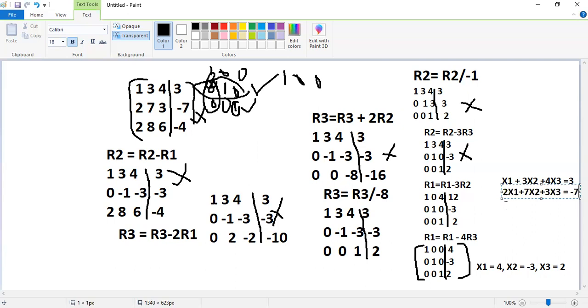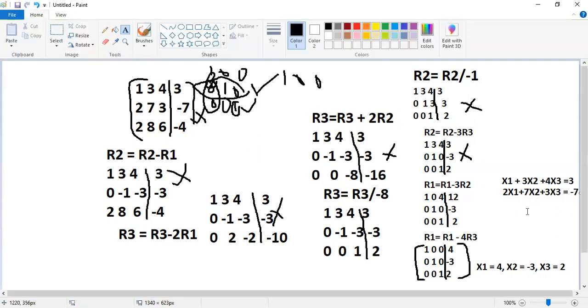So put these answers here and see whether you get negative 7. So we have 2 times 4 plus 7 times negative 3 plus 3 times 2. You got negative 7, right? So it means yes, but don't rejoice. You have to check for the last one before you can conclude that indeed that's the answer.